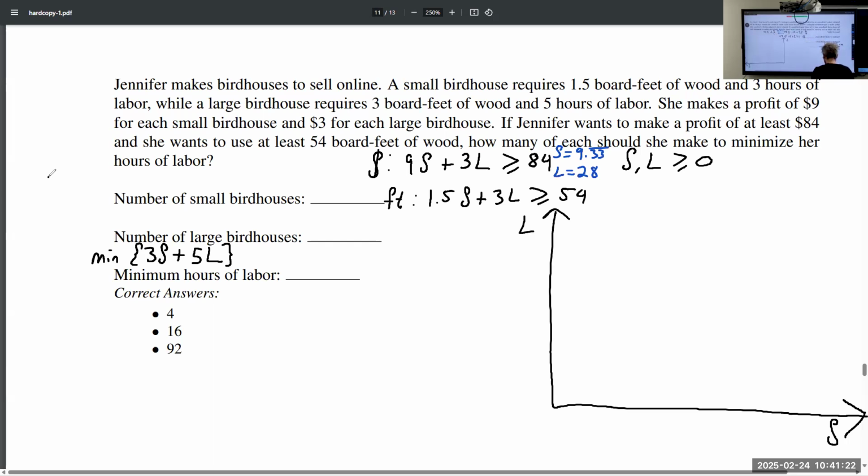And then 54 divided by 1.5 is 36. And 54 divided by 3 is 18. And I have to be in the first quadrant. I think that's all we need to graph to solve the problem.